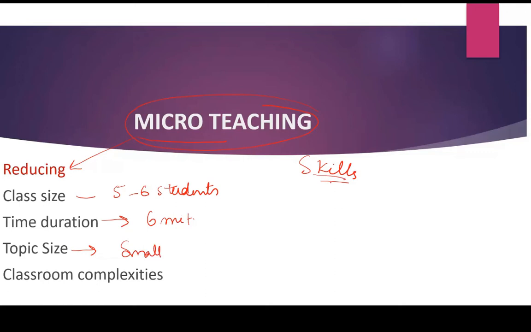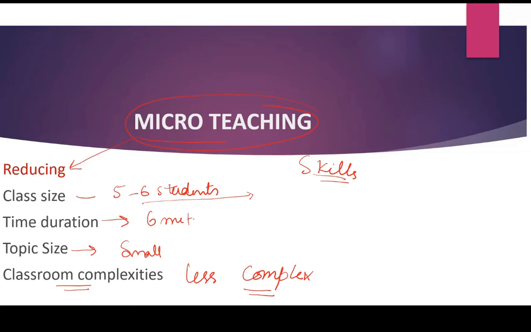And there is also a reduction in classroom complexities. If we have a small number of students, obviously there will be a less complex class, with not more than 6 students, so there is less complex behavior on the part of the students, right? So micro teaching is reduced teaching in terms of class size, that we have only 5 to 6 students in the class.